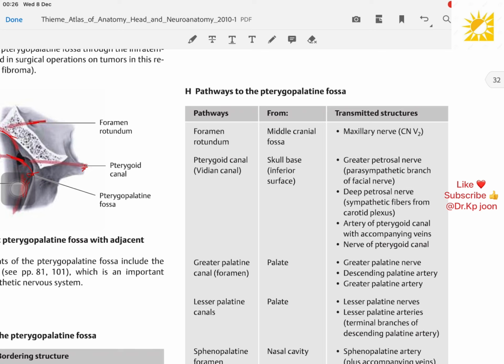In this diagram we talk about pathways to the pterygopalatine fossa, the pathway from and the transmitted structures. The foramen rotundum comes from the middle cranial fossa, and the transmitted structure is the maxillary nerve.